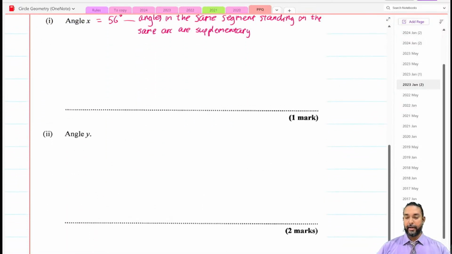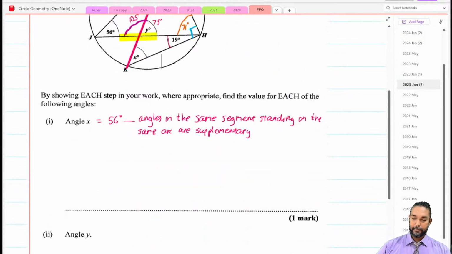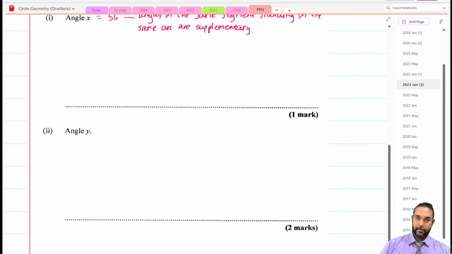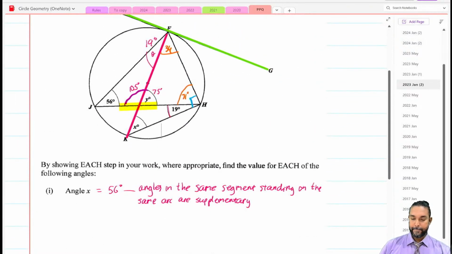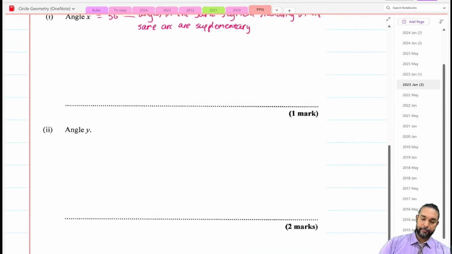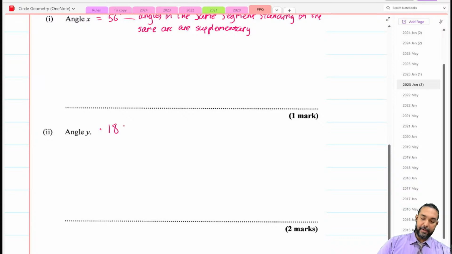Okay, so angle Y. Right, so first of all, let me say 180 minus 105. All right, I'm working backwards here. So 180 minus the 105 is equal to 75, right?